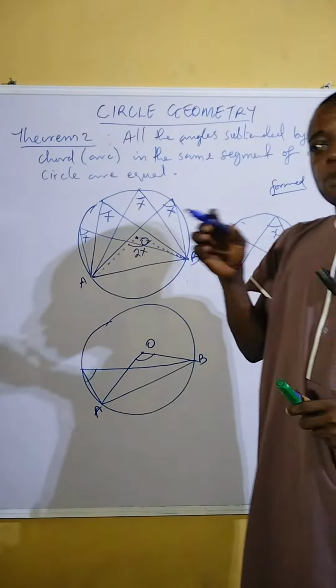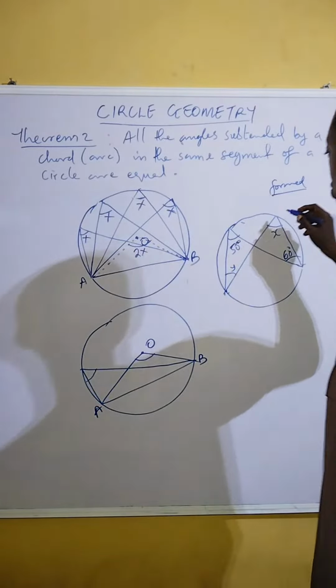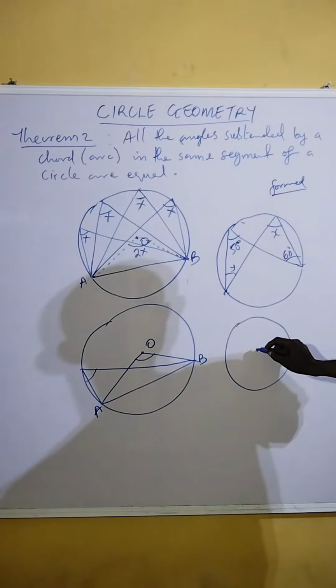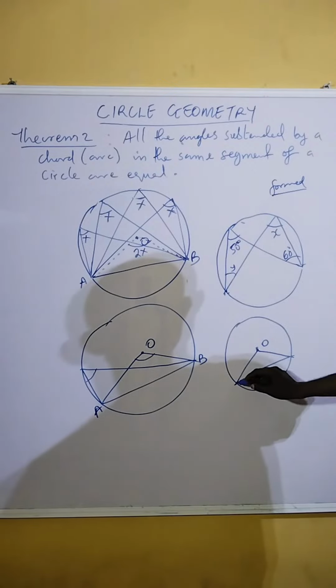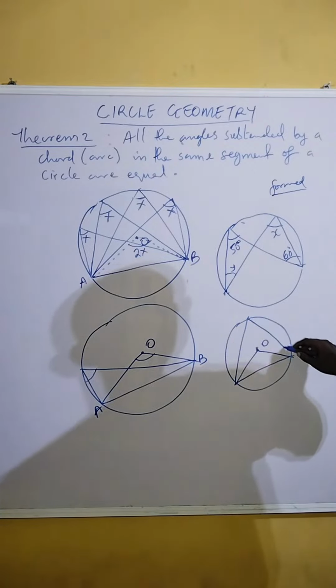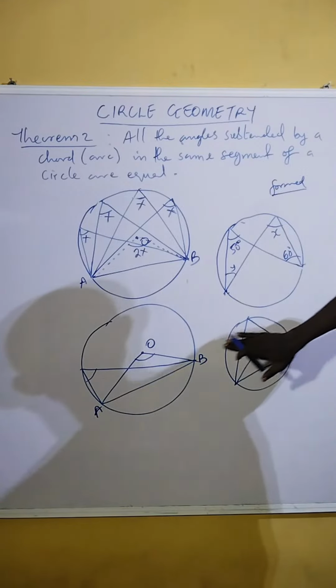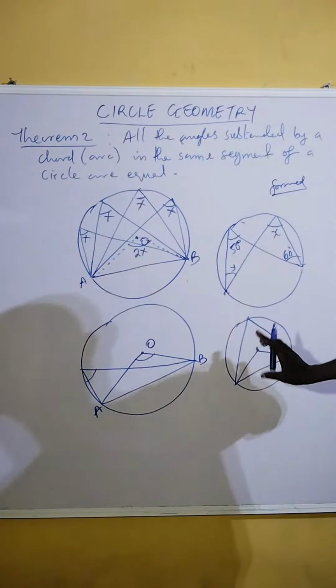That's why understanding of each of these theorems is very, very important. Some people think that only when you have this angle at the center, it's now formed. It must be like this, up. No. This same angle here is similar to this one, just that this one is straight up, while this one is bent.